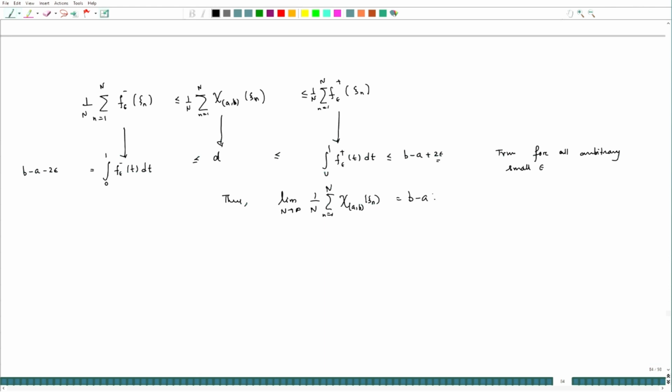And that is exactly what we wanted to prove, and this will imply that xi n is equidistributed.